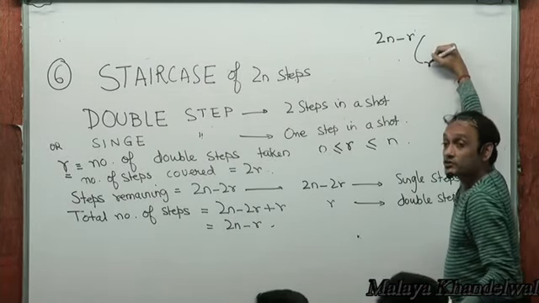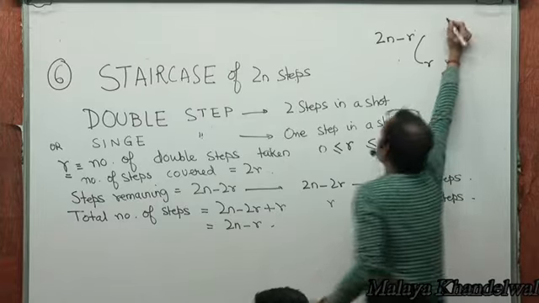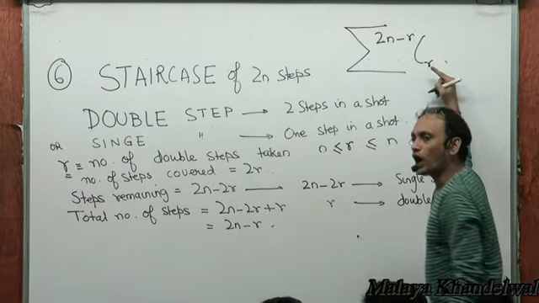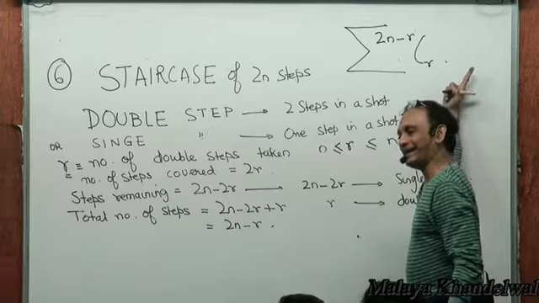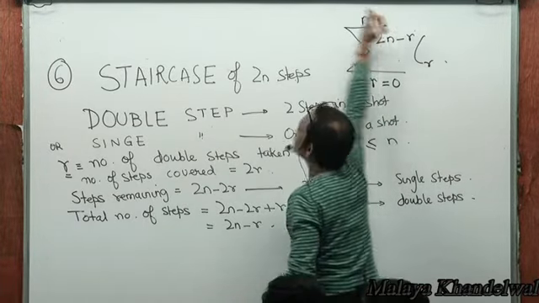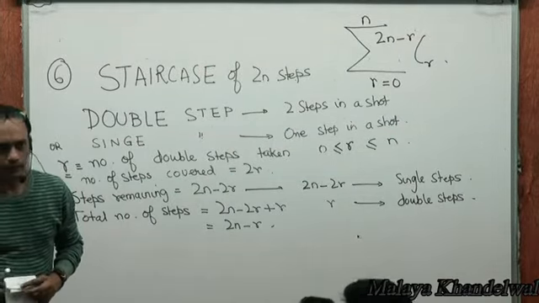But r could have been 0, 1, 2, up to n. So the total count would be the sum of all these cases for r equal to 0 all the way to n. So the required count is this summation. Yes or no? Right?